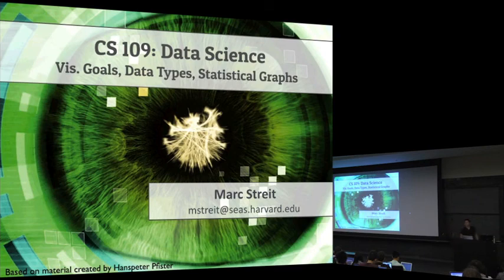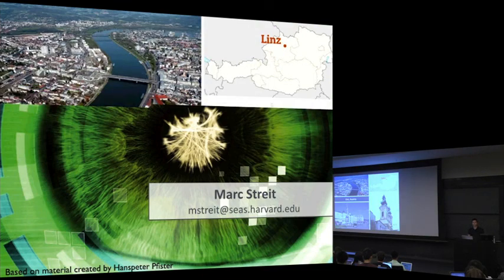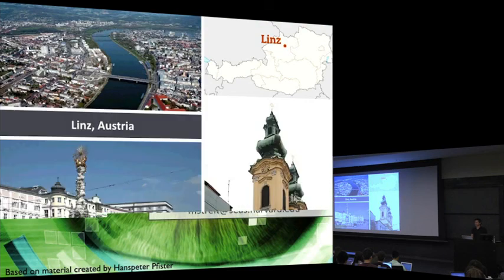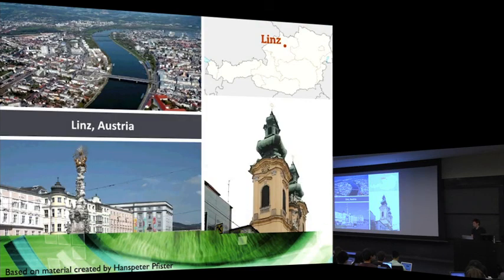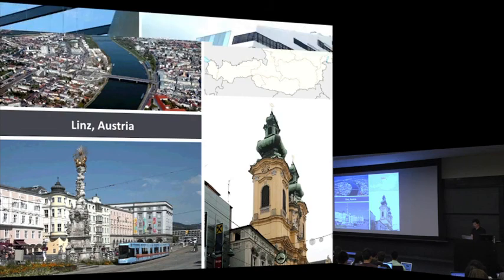Okay, thank you. Welcome, everyone. My name is Mark Streit. I'm going to teach the visualization part of the course, as Raphael said. Before I start, a few words about myself. I work and live in Linz, which is in Austria. Germany would be here, Italy here, and that's the small country in between. Vienna would be here, and Linz is this city here.